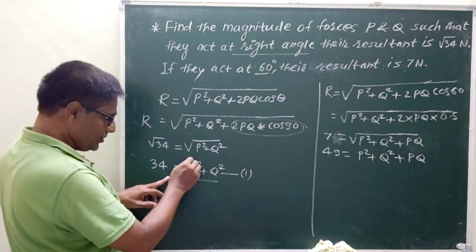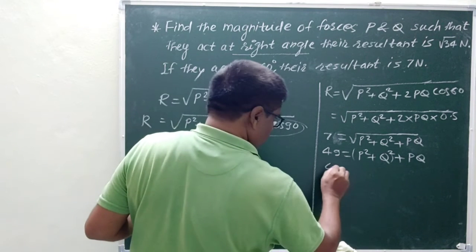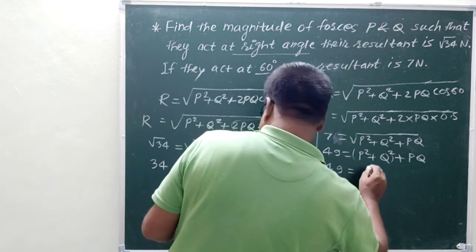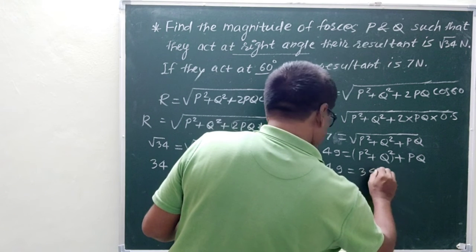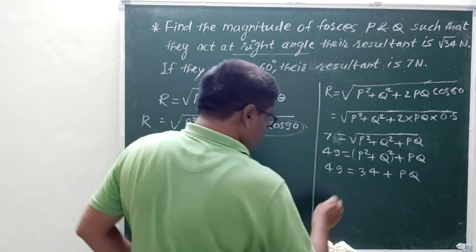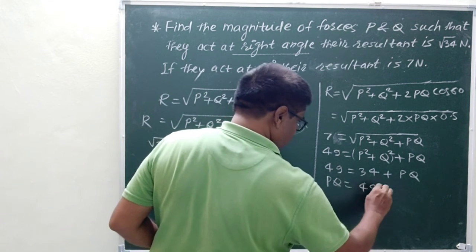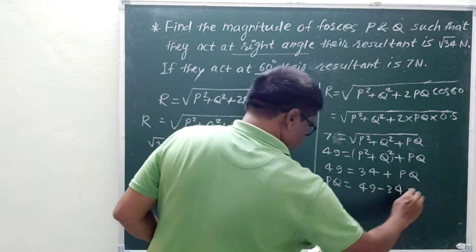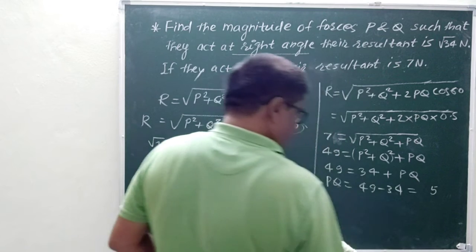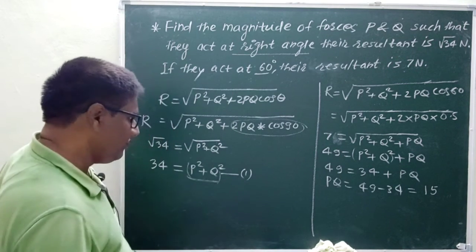P square plus Q square, we can write as 34. 49 is equal to 34 plus PQ. Therefore PQ is equal to 49 minus 34, which is 15. PQ is equal to 15.